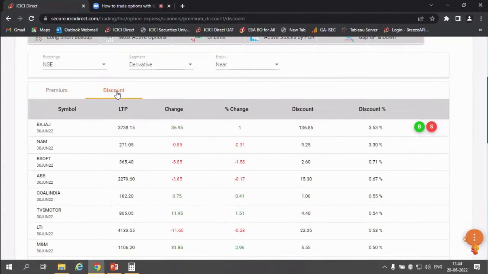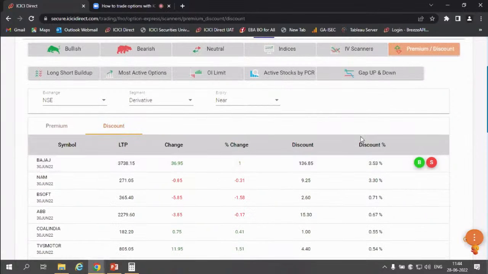Similarly for the discount, if some futures are getting traded at a discount, then futures traders will buy it, and once the price moves up, they will square it off, pocket the difference, and make a little bit of profit. So that was it for the premium and discount for the futures contract.